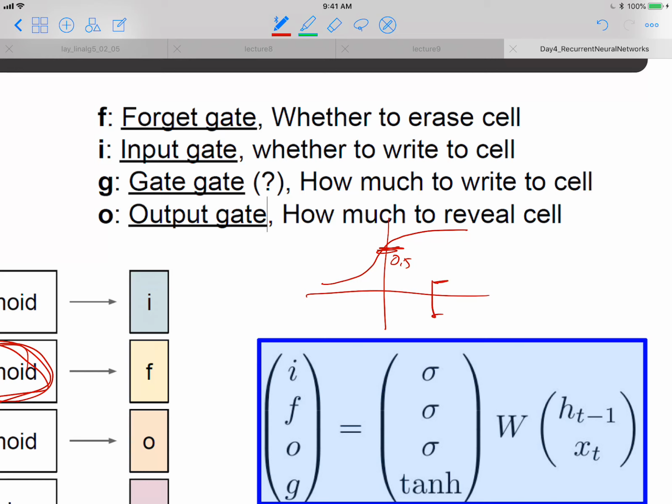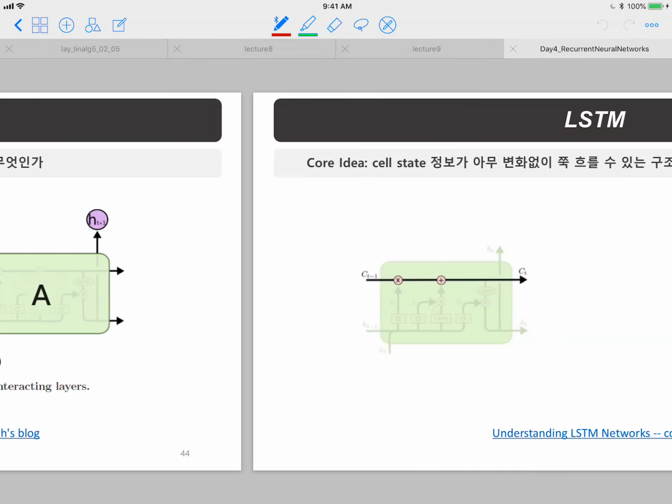It's actually quite large. Suppose it is around 2: if the linear transformation output is greater than 2, the sigmoid output will be close to 1, right? So there is a really wide range for generating this sigmoid gate as 1 across different time steps.